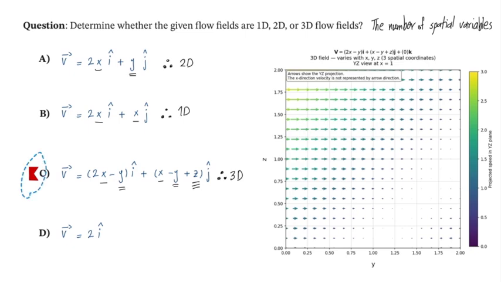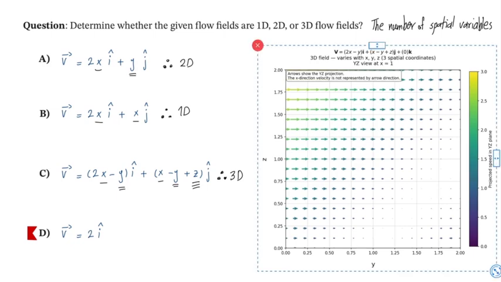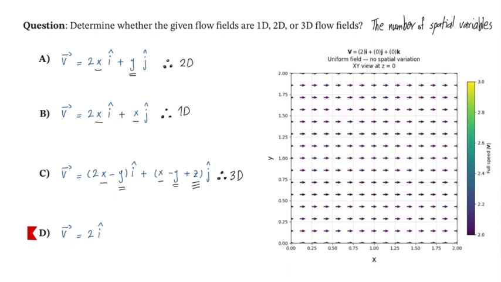Now, item D is actually a special item because here, even though we have an i component as the output, its coefficient is a constant number, which is 2. And we don't have any of the spatial variables x, y, or z.